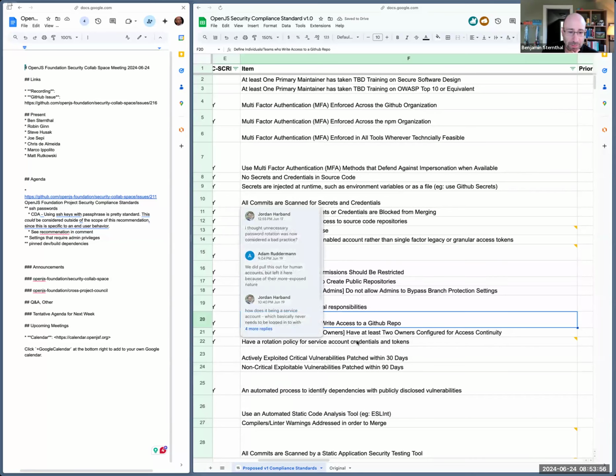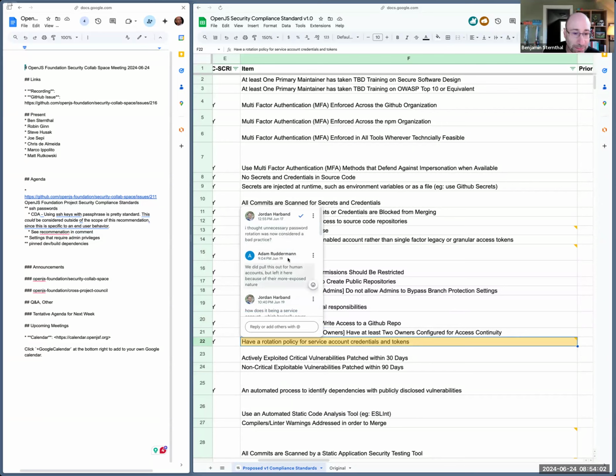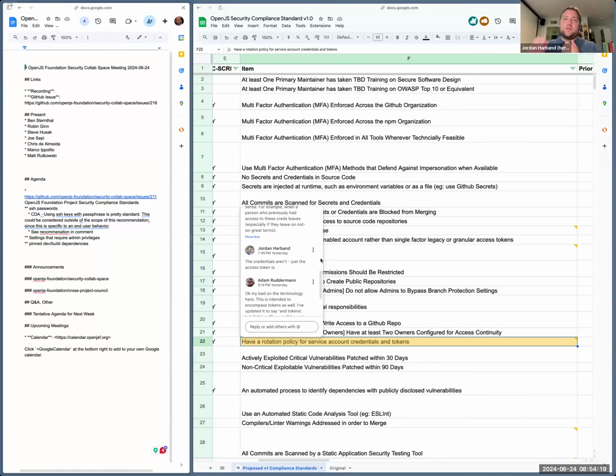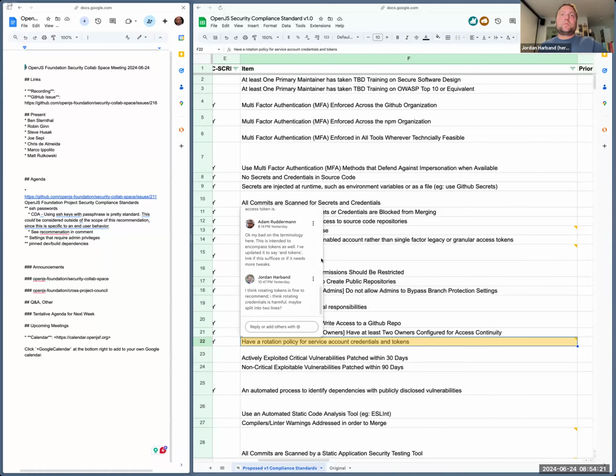Okay, next up here, rotation policy. We touched on this earlier. Was this just renamed from the original key rotation item, or is this a different item?